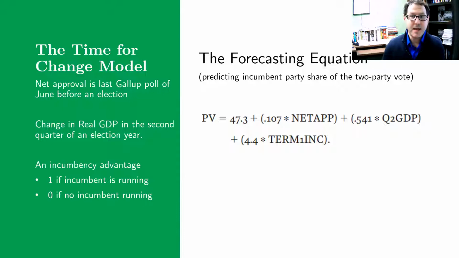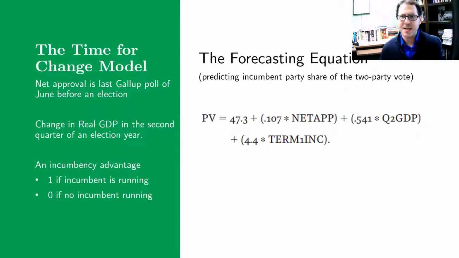Second quarter GDP, again, if you're growing by 1%, you get half a point, a 0.541 increase in your vote share. And if you are an incumbent, you can expect to have 4.4% greater vote share in the United States. We tend to reelect incumbents unless the economy is doing really badly and they're unpopular, right? And that's essentially what the time for change model is predicting.